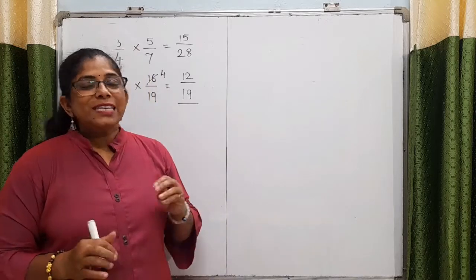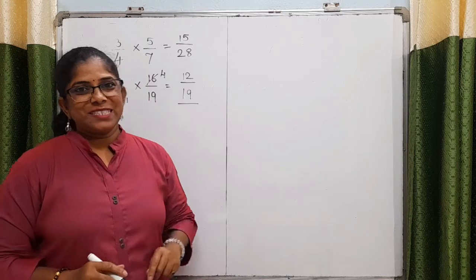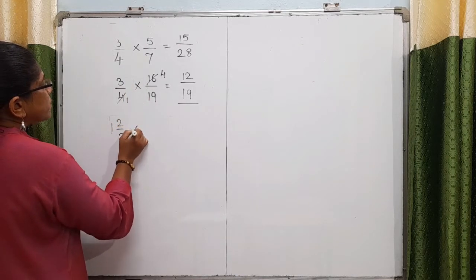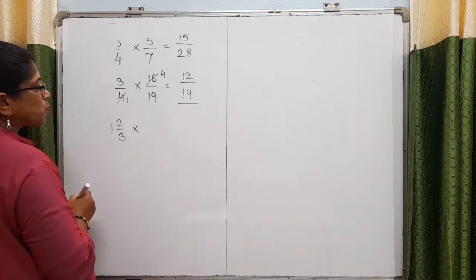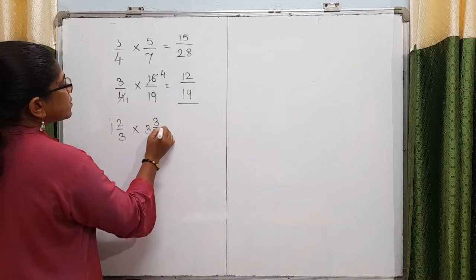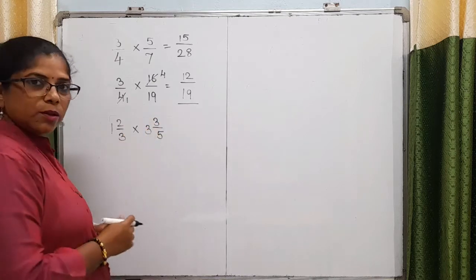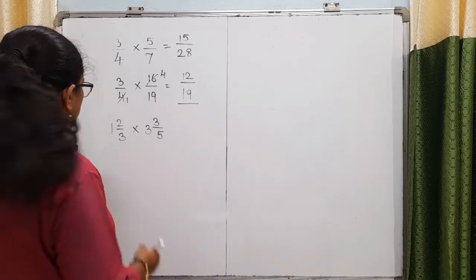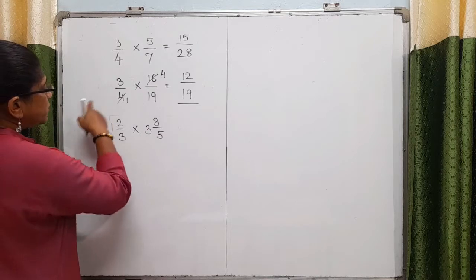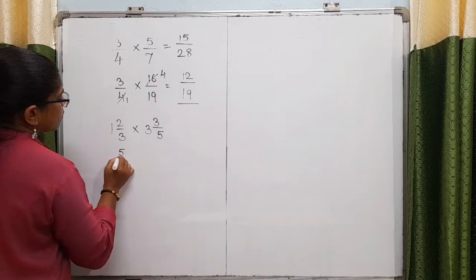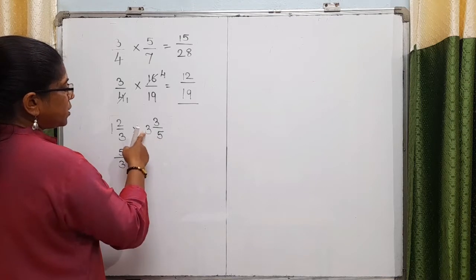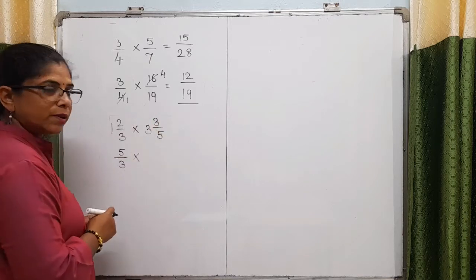So now let's see how to multiply mixed fraction. 1 2 upon 3 into 3 3 upon 5. Now we have to multiply this. So what we have to do first? Convert it to improper. 3 1s are 3 plus 2, 5 upon 3 into 5 into 3 15 plus 3 18.